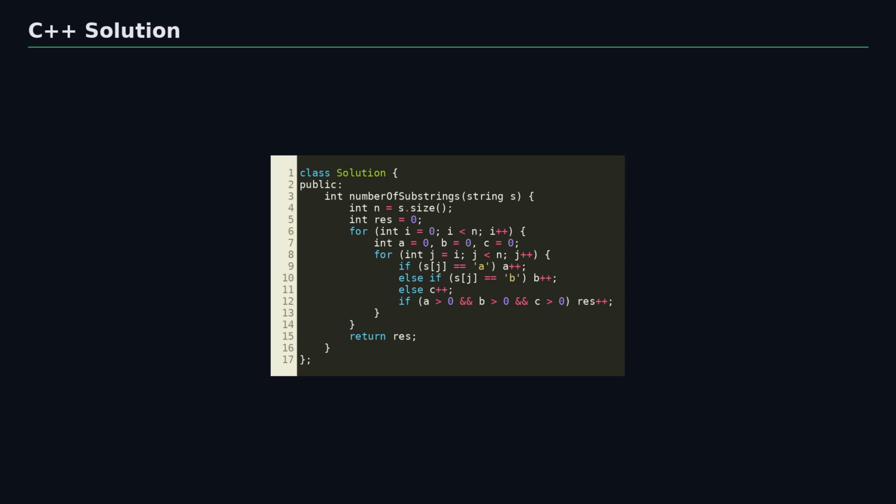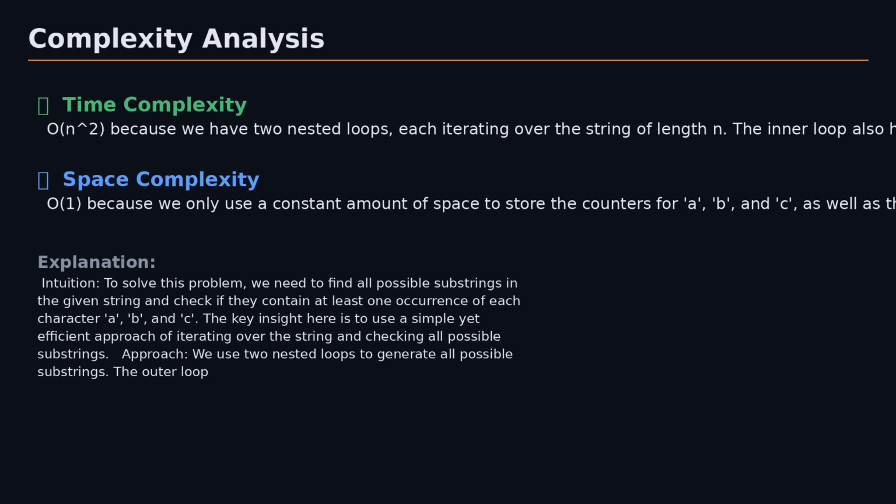We then start a loop that iterates over the string, and for each character, we start another loop that generates all possible substrings starting from that character. Inside the inner loop, we check if the current character is A, B, or C, and increment the corresponding counter. If all counters are greater than 0, we increment the result. We continue this process until we've checked all possible substrings.